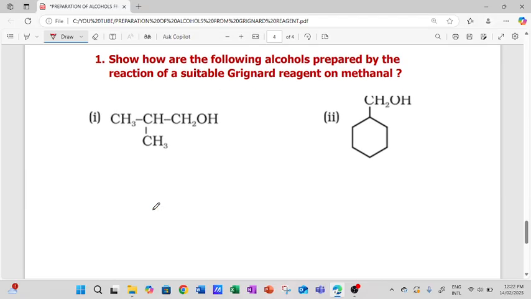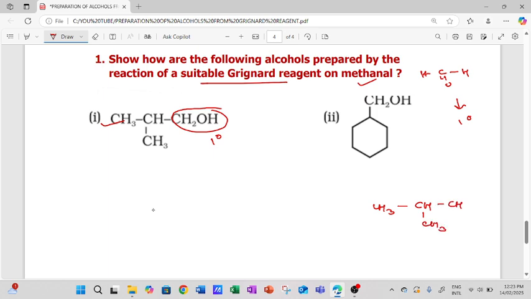For example, we have to find the suitable Grignard reagent which is to be added to methanal. Methanal is HCHO. Since it is methanal, the product should be a primary alcohol. That part we need to understand. And they have given the product also in the question, like CH2OH. This is primary alcohol only. So if they've given the product, the product is CH3CH, CH3, CH2OH. This is the product, and the reactant is HCHO.